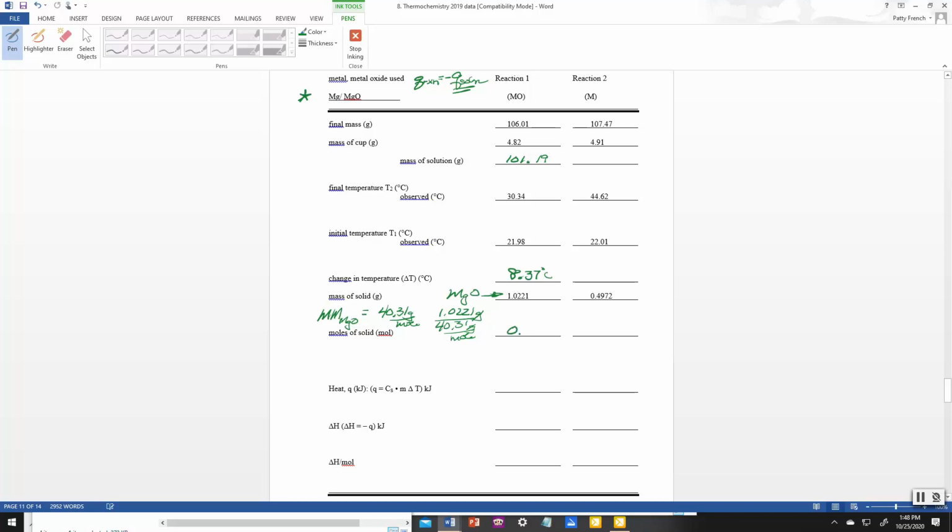And this was 0.02536. Hopefully you're comfortable with all of this sort of fairly simple treatment of the data. Now again, we're finding the Q of solution, which is equal to MC delta T, which in this case is, I'm going to put the C first because I'm lazy so I don't have to keep rewriting it.